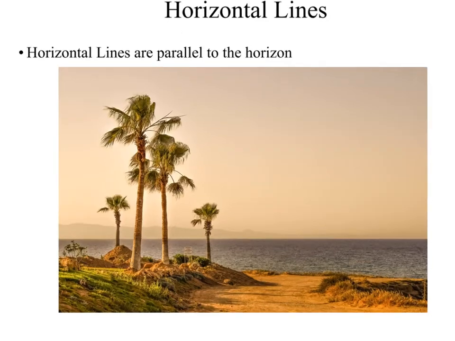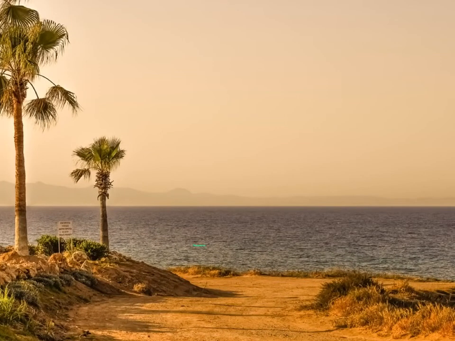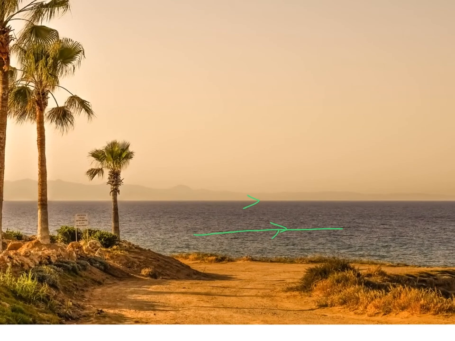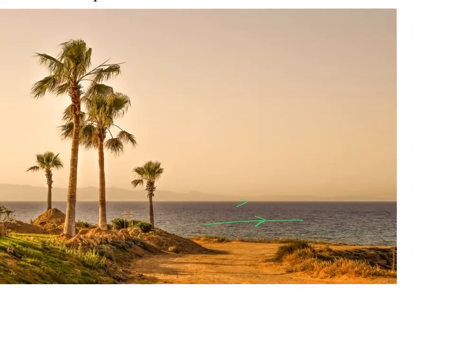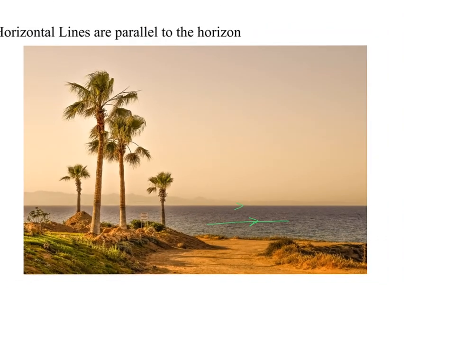So if we wanted to draw an example, we could say that this green line here is horizontal because it is parallel to the horizon. And we could also draw another line here that we could call horizontal because again, this line is parallel to the horizon.